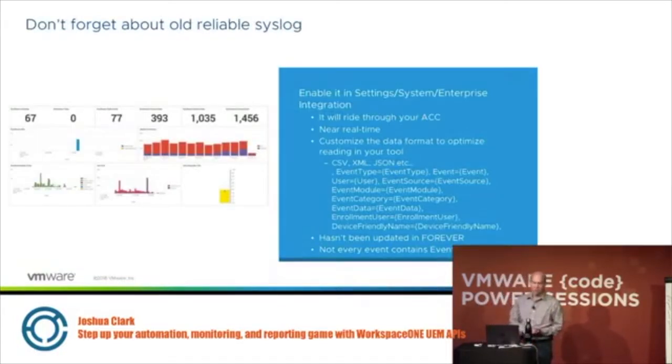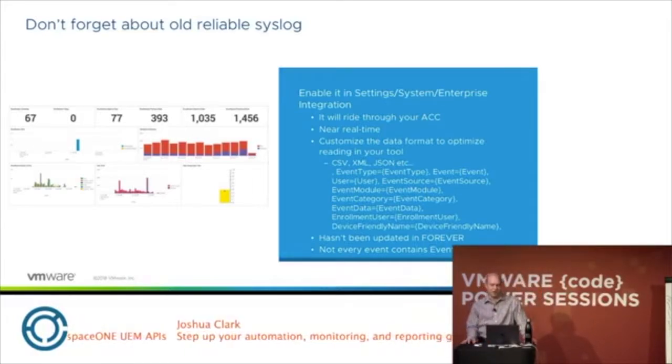APIs are not the only thing that WorkspaceONE has available to you, though. Syslog has been part of AirWatch for a long time. It goes through your ACC, so you can enable it with the enterprise integration. You can define the data format that is outputted, and all the various variables that are available.